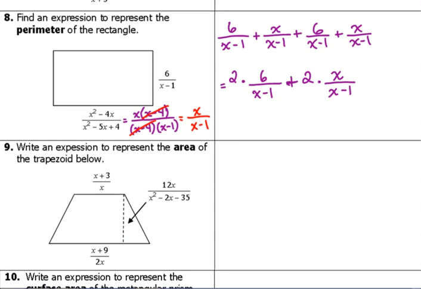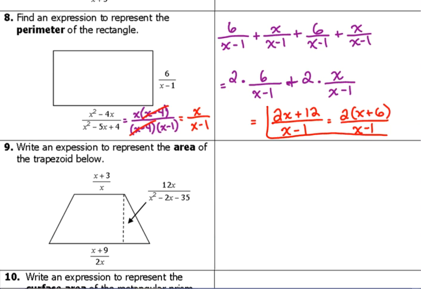If we just add the first line, 6 plus 6 is 12, x plus x is 2x. 2 times 6 is 12, 2 times x is 2x, and then you just add the results. So we would get 2x plus 12 over x minus 1, which does factor, and if you really want to, you can factor it, but it's not going to cancel with the denominator, so you really don't have to.